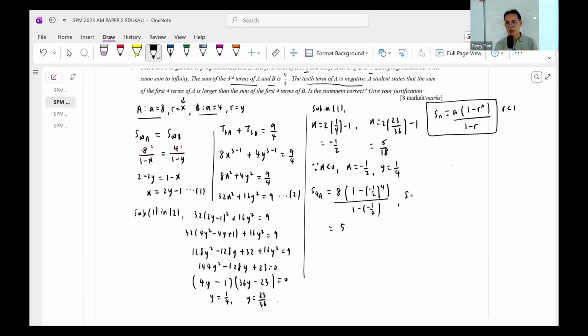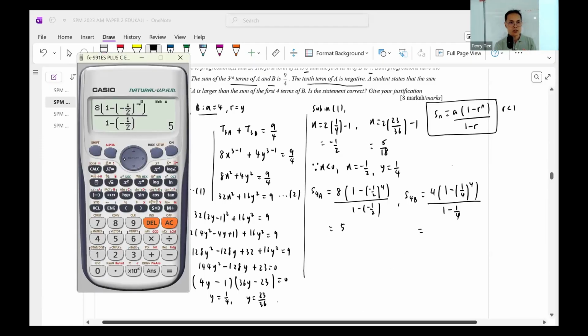Then you do the sum of the first 4 terms of B. Your B, right, first term is 4. Common ratio is your y, 1 over 4, power 4, 1 minus 1 over 4. Okay, now just change this to positive 1 over 4.